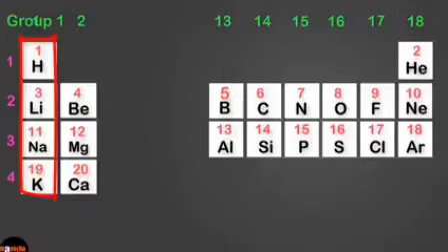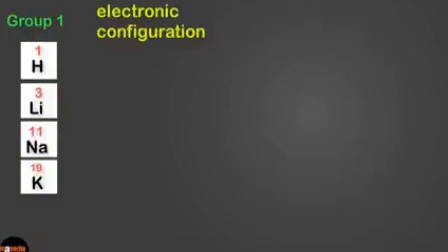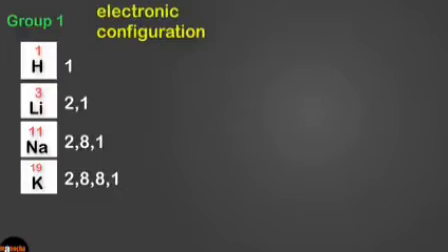Now let's try to write down their electronic configuration. Hydrogen is simple. It just has 1 electron. Now lithium has an atomic number of 3, so it's going to be 2, 1. Sodium will be 2, 8, 1. And potassium is going to be 2, 8, 8, 1.